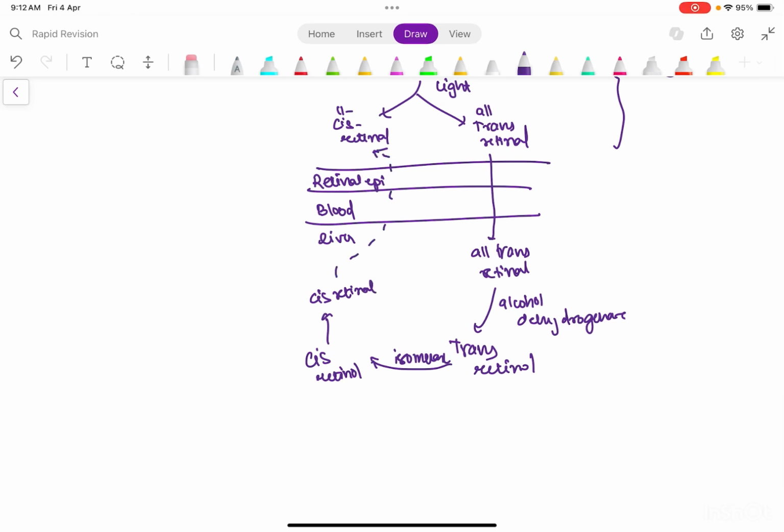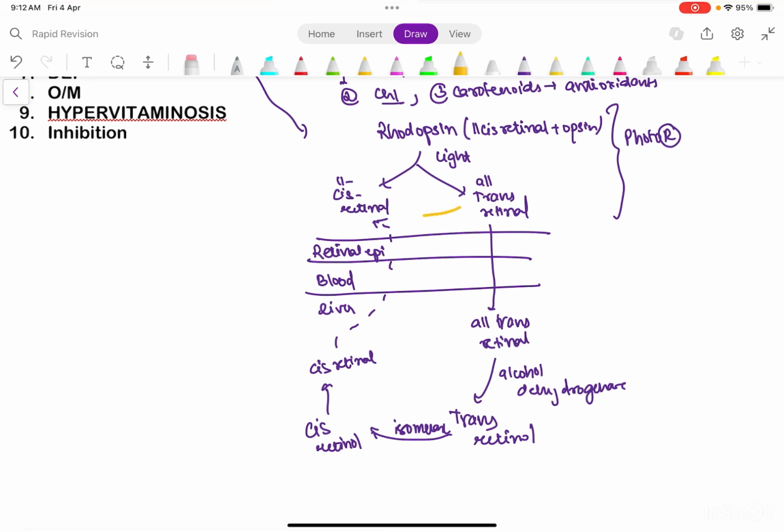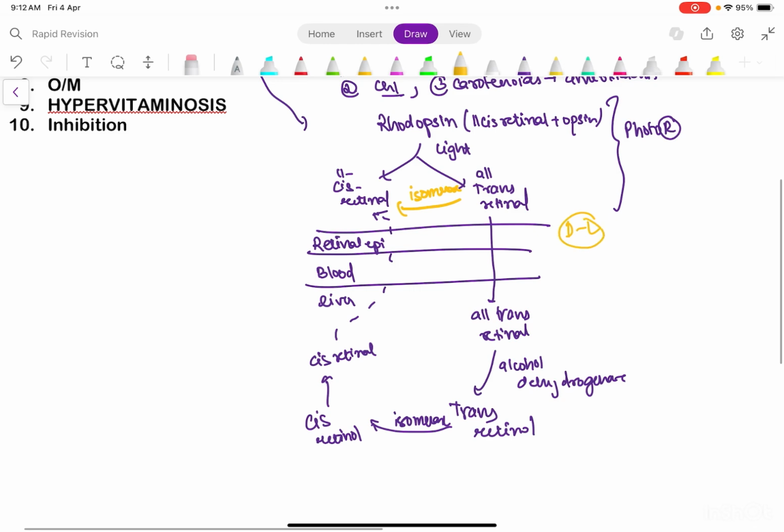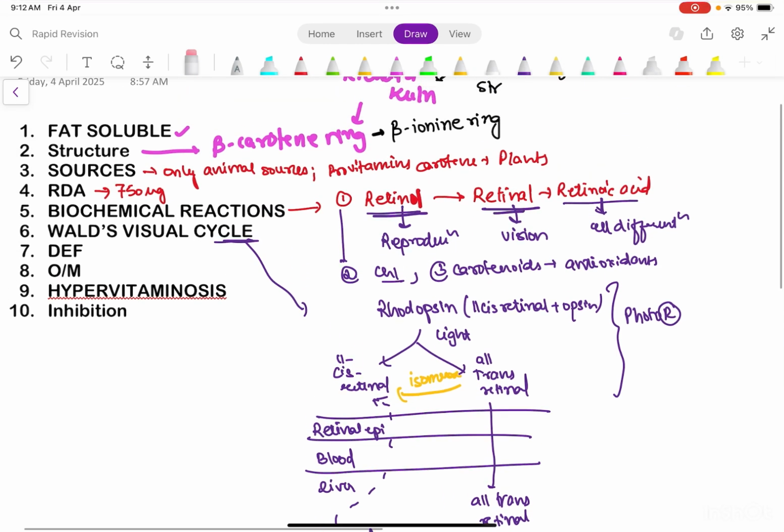All right, now this again goes back to the photoreceptor. So what happens is all of them get converted, and first we have dark phase and then we have light phase and so on. So this is the reaction that occurs in Wald's visual cycle.